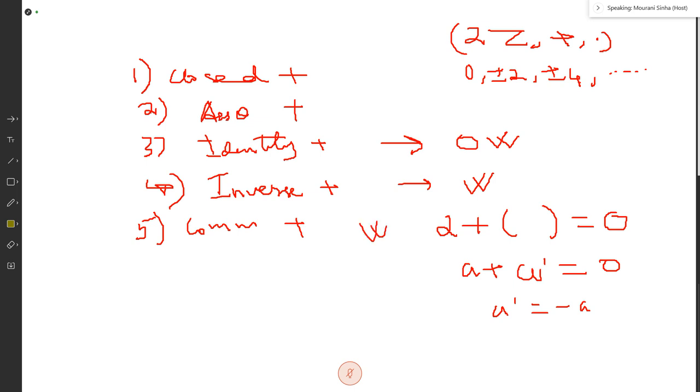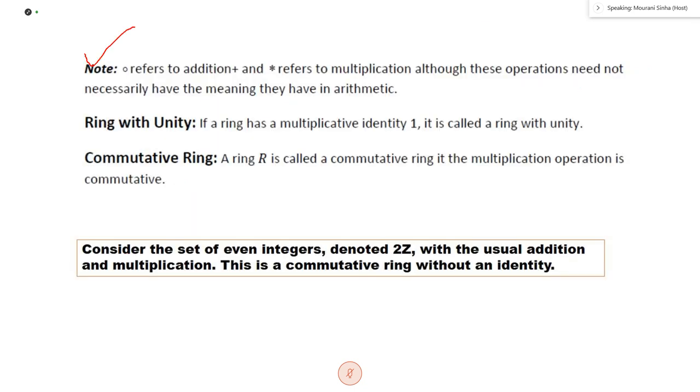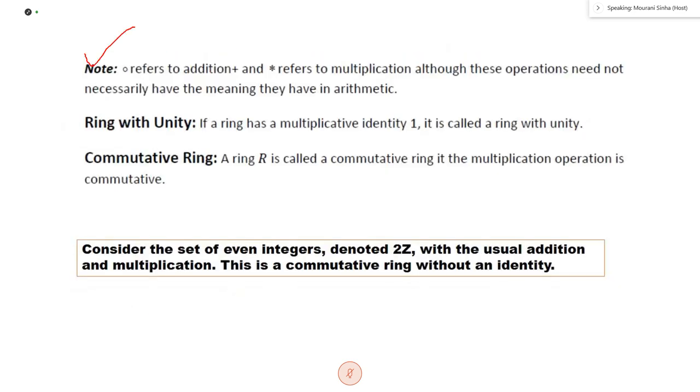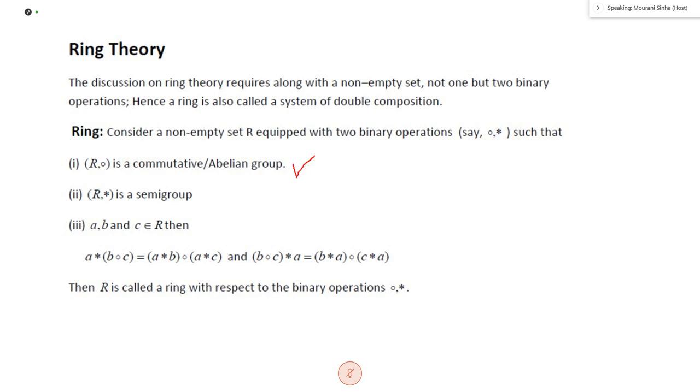So in this way you have to show all the 5 properties for the even numbers under addition, that it forms an abelian group. This is the first part. As in the definition, till now we have only shown that R plus is a commutative abelian group.